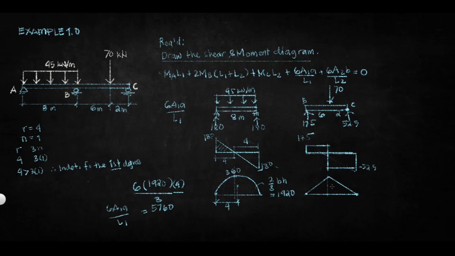Then we connect. Okay. So ito na yung ating moment diagram. And then yung height po nito is equal sa area nito. So ang area nito is 17.5 times 6. So 105. This is 105. Okay, so dito po pwede natin po hatiin yung triangle natin.